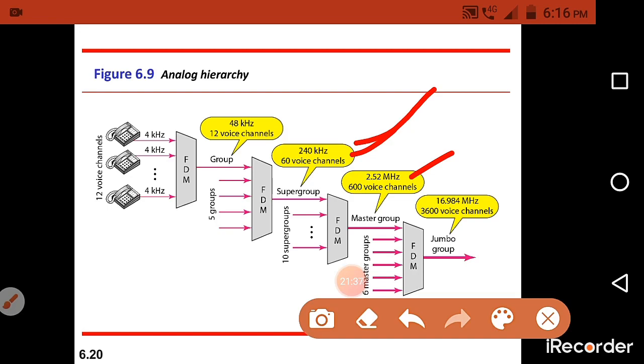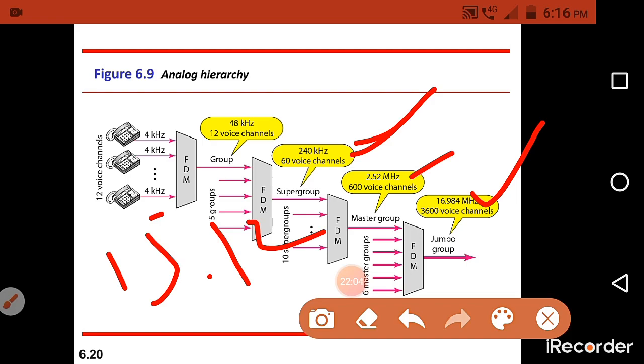There are a total of 6 master groups, so 2.52 into 6, okay, we get around 15.12 megahertz bandwidth, but we need to assign some guard bandwidth for the guard band. That's why they mention it as 16.984 megahertz, okay.